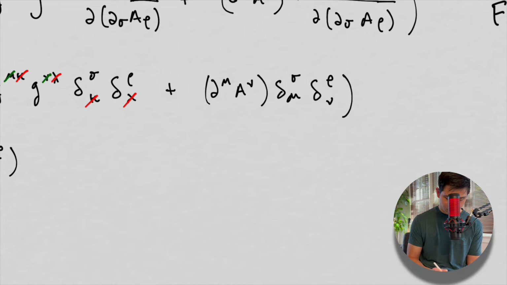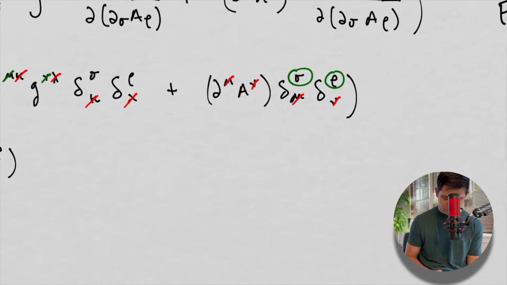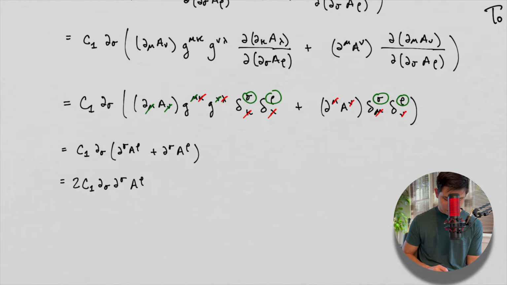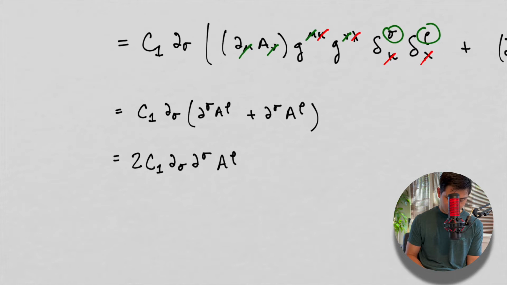Same thing here, mu, nu, so sigma and rho. And so what this leaves us with is d sigma A rho, d sigma A rho. Okay, right there. And then we get this, right? So these two guys are the same thing, so we bring a 2 out here.